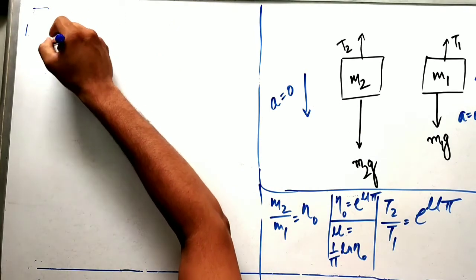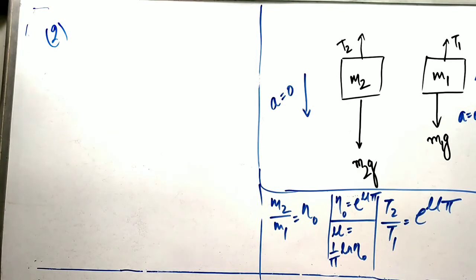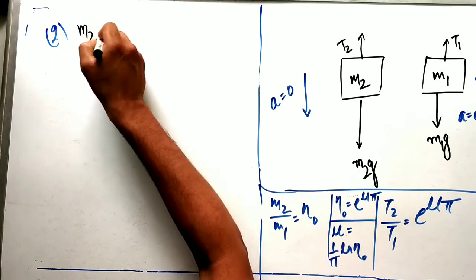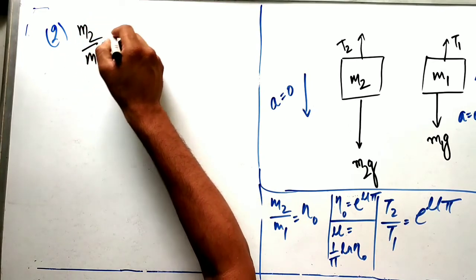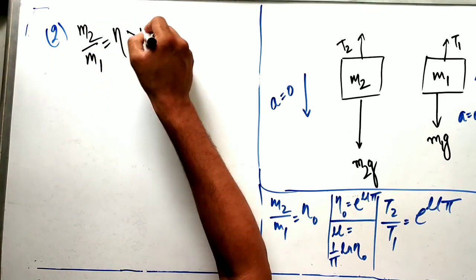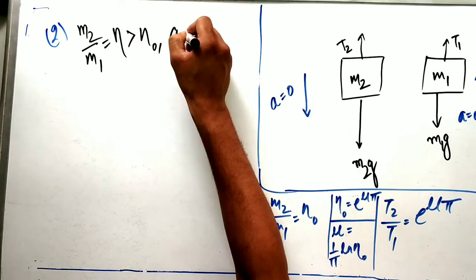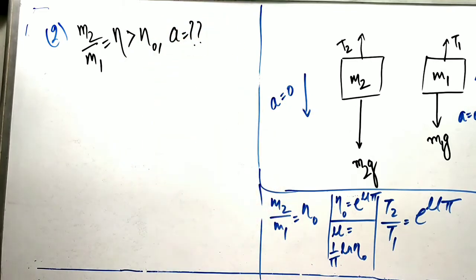Now comes the second part of the problem. The second part says if the ratio M2 by M1 is eta, which is greater than eta naught, what is the acceleration of the masses?